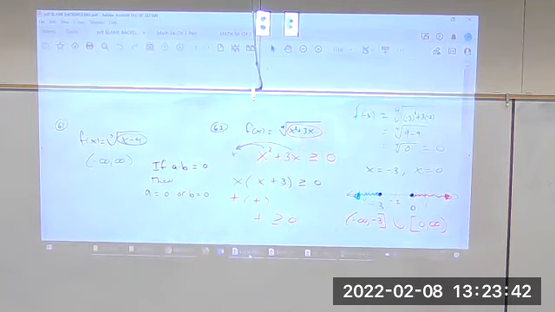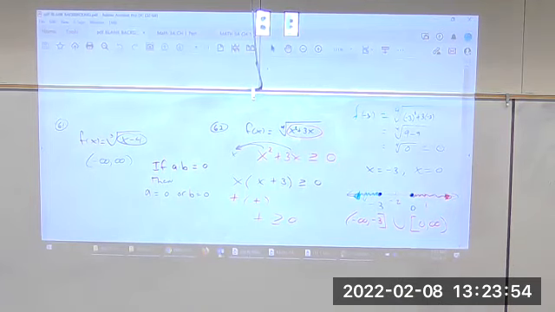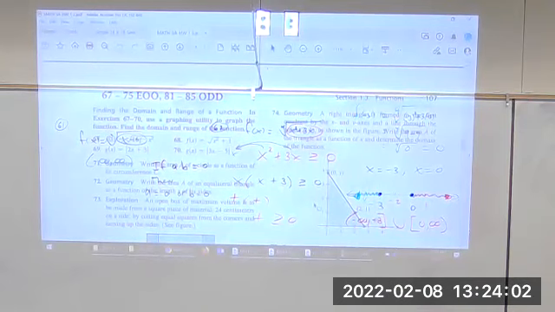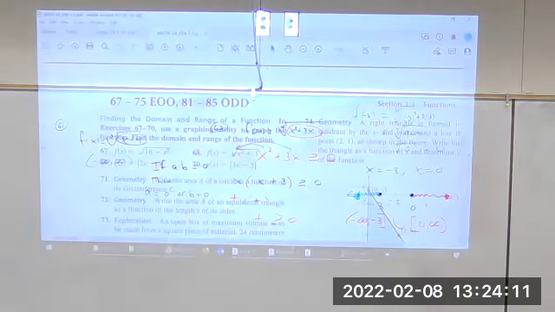While she's formulating that, you gotta pick 67 or 69. There's 67. Use a graphing utility to graph the function, find the domain or range of the function. So this time, not just domain, you gotta deal with range.